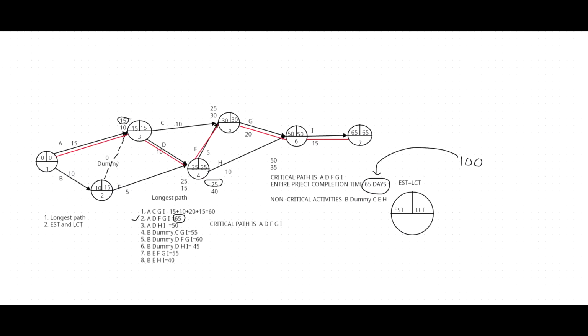Can you explain the answer? The entire project means we need to complete all the activities. If you consider A, B, C, D, all, if you just add the total, it requires 100 days. But according to the critical path method, we complete the entire project after 65 days. My question is how?